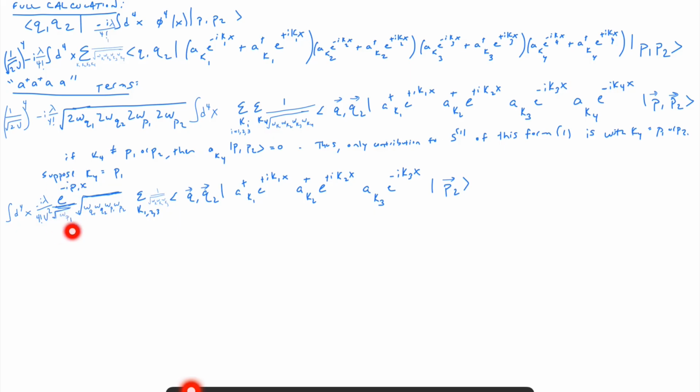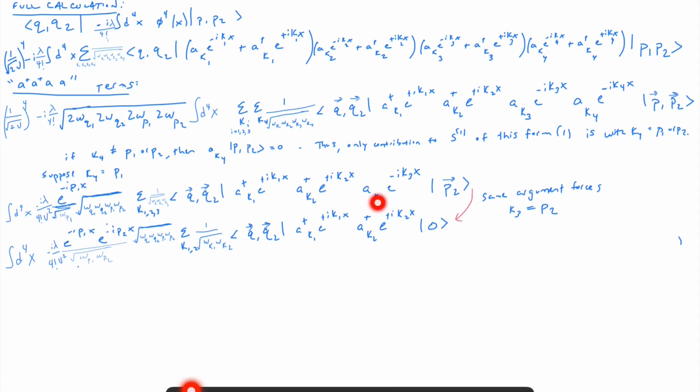That's where I got this new prefactor, which will matter. This becomes e to the minus i p1 x and 1 over omega p1, which I pull out over here. The rest stays the same. I still have these three factors that I didn't use yet, and all these other prefactors. The sum now collapses to just k1, k2, k3, since we just did the whole sum over k4.